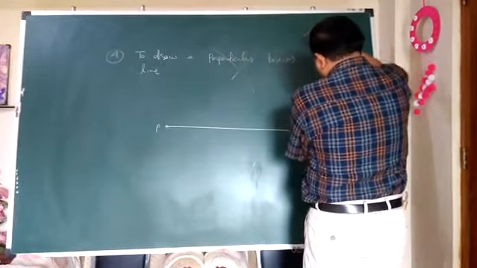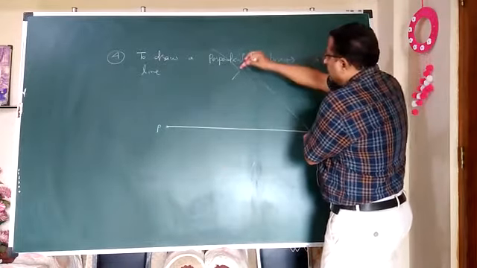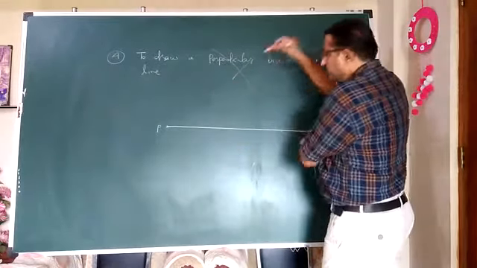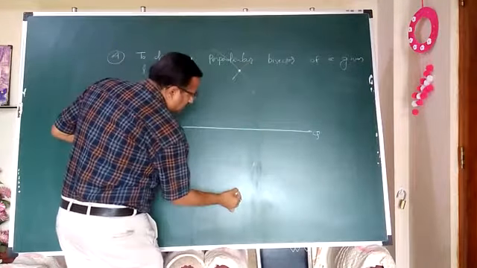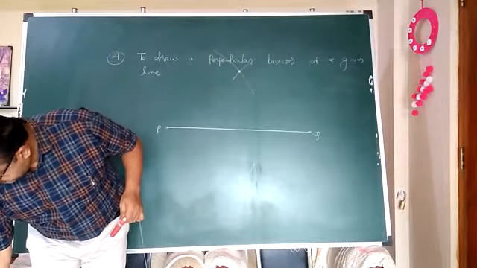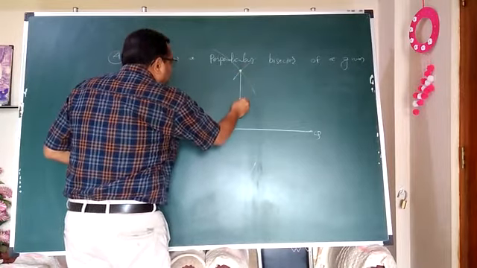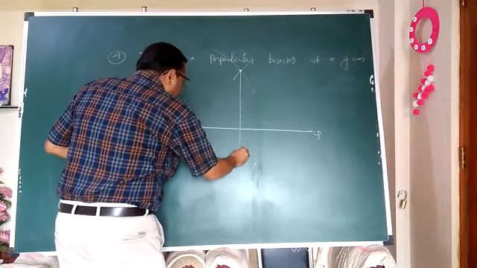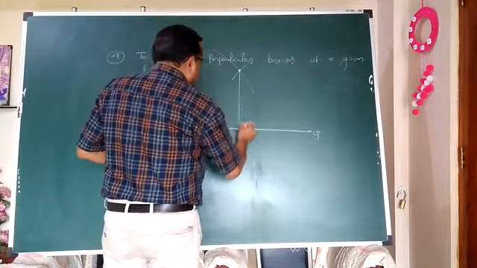Get intersecting arcs through Q to the earlier drawn two arcs, one above, one below the given line. So these intersecting arcs above as well as below this line, when you connect them in this way, it is nothing but a perpendicular bisector of the given line PQ.